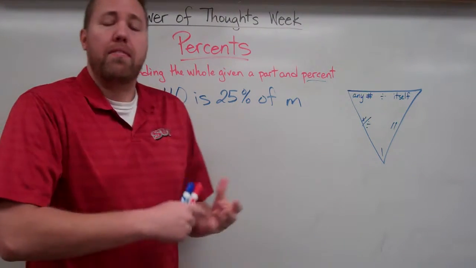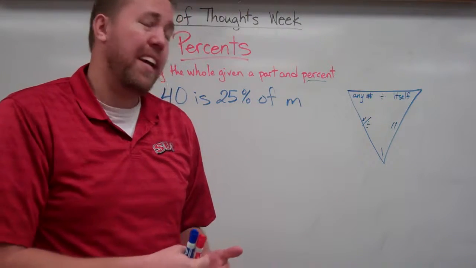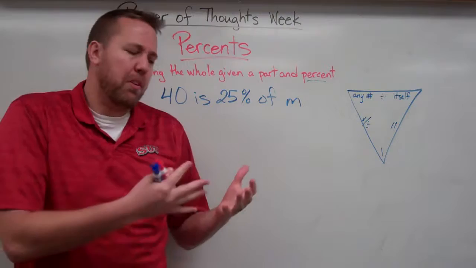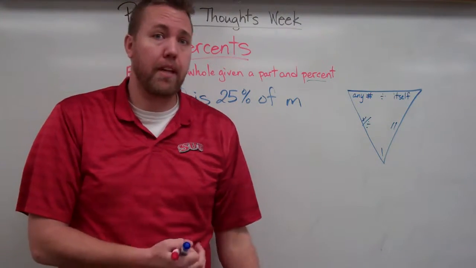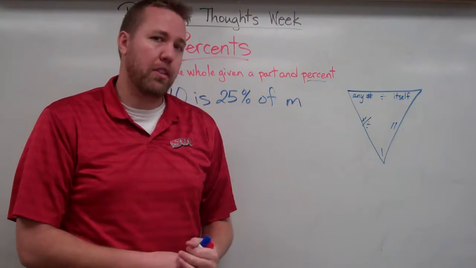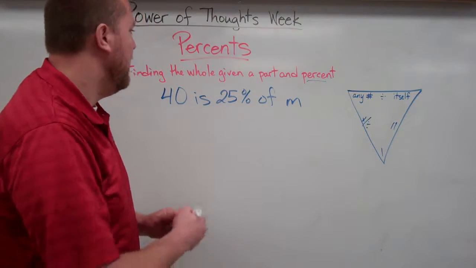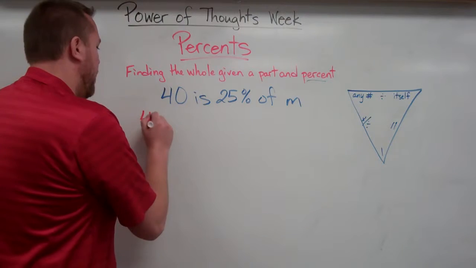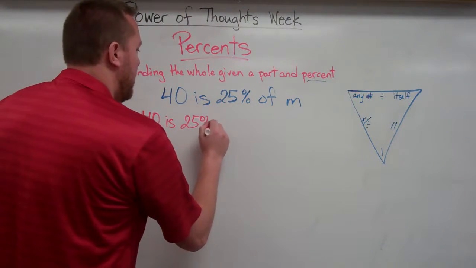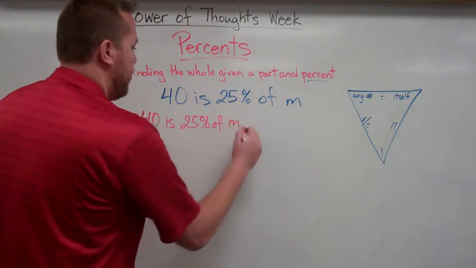The other way: fractions, decimals, and percents are quite interchangeable. When working with percents, we don't really use percents to go through the process of solving these problems. We use fractions and decimals, and those are the 2 ways I'm going to show you today. So we rewrite the problem: 40 is 25% of our mystery number.